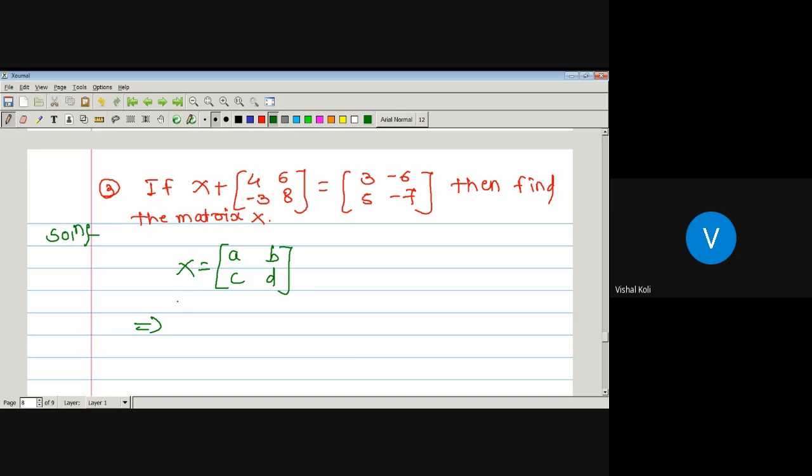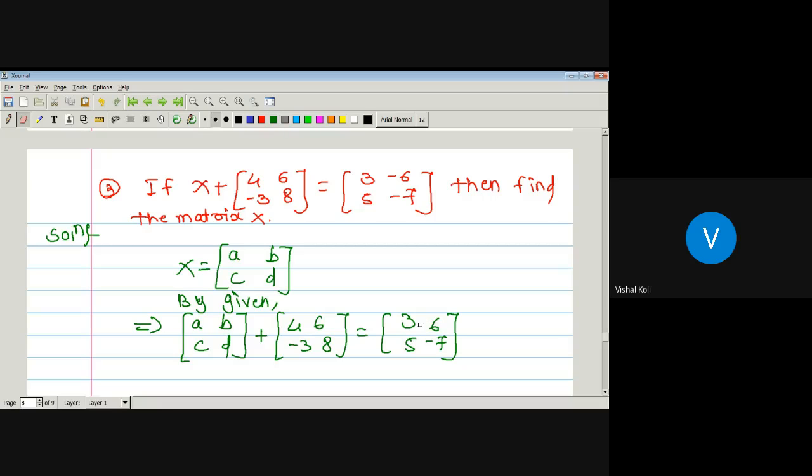So by the given, X equals this matrix [A B; C D], plus our entries as they are, [4 6; -3 8], and this is equal to [3 -6; 5 -7].